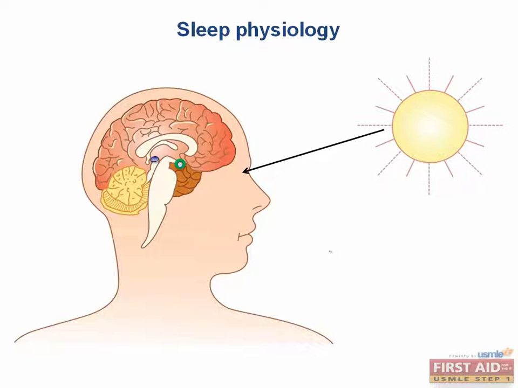It receives these inputs from the retina via the retinohypothalamic tract. Now, it can then release norepinephrine, which stimulates the pineal gland to release melatonin, which will then induce drowsiness. The SCN also regulates the release of adrenocorticotropic hormone as well as prolactin.